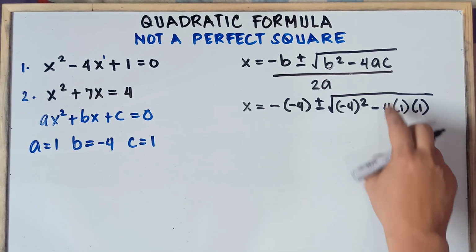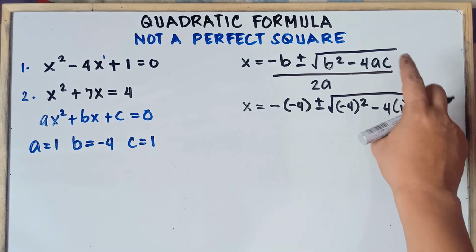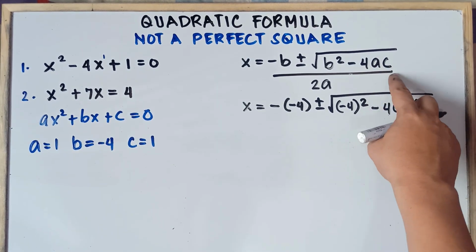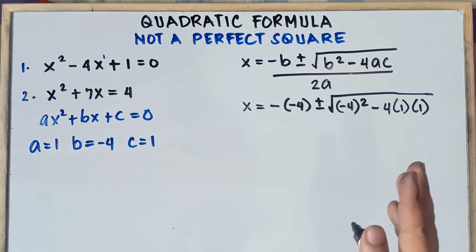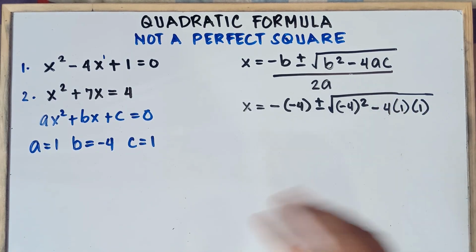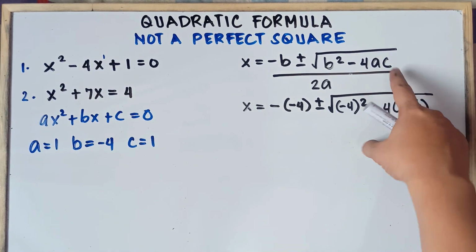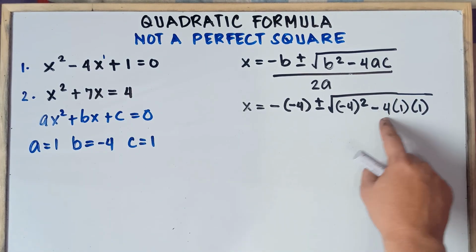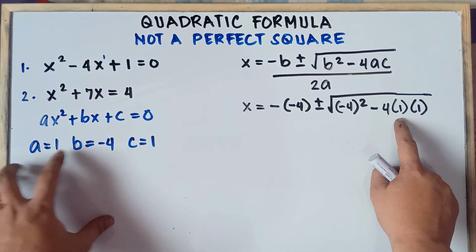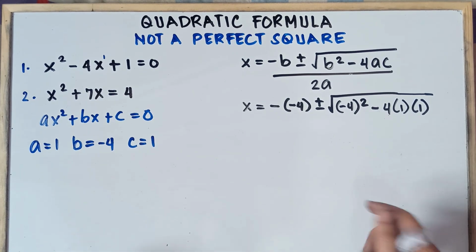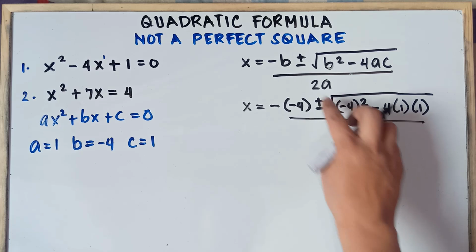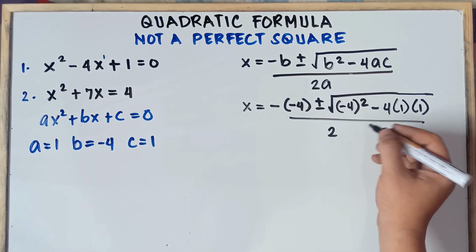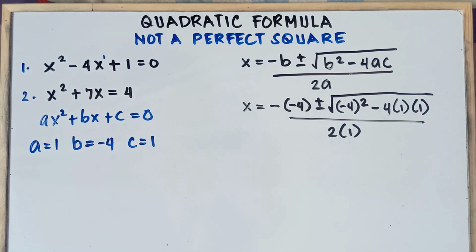If you have 4ac, it means 4 times a times c. If the variables are close to each other, together with the number, it means multiplication. So negative 4 times a, which is 1, and c, which is 1, so 4 times 1 times 1. Over 2a, which means 2 times a, so 2 times 1, because our a is 1.